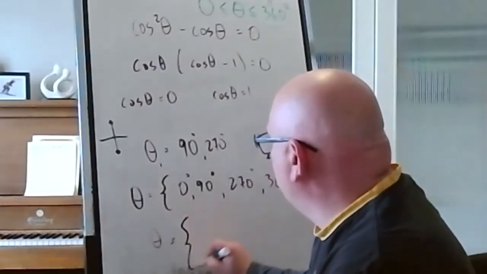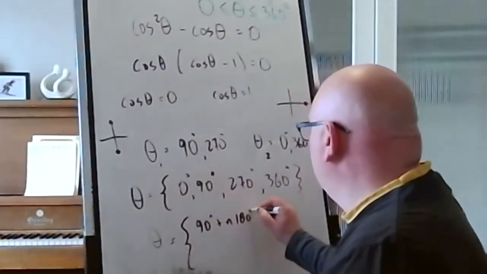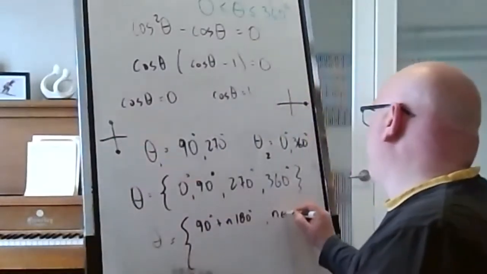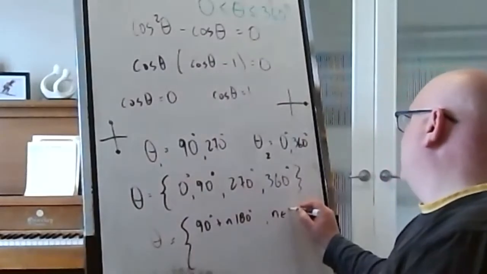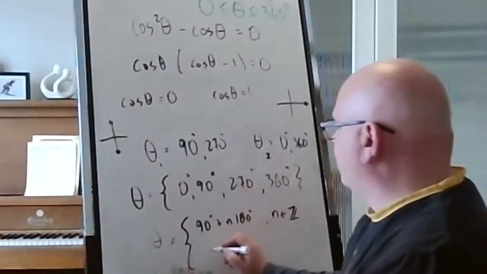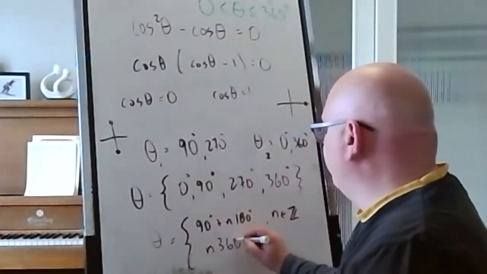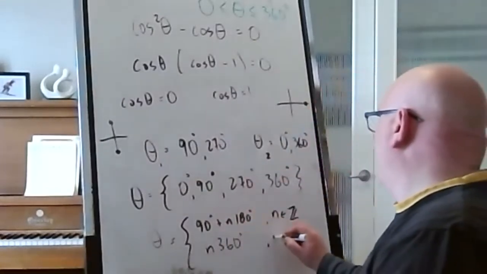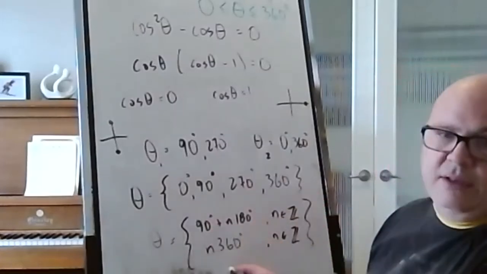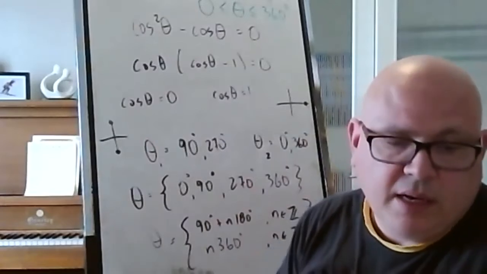Theta is equal to 90 plus n times 180 for the top and bottom quadrantal angles. N is an integer, of course, almost always. And then this one is just going to be 0 plus n times 360. So we don't even really need the 0 on there. And that will give us all those if we were asked to do this without a specific domain.